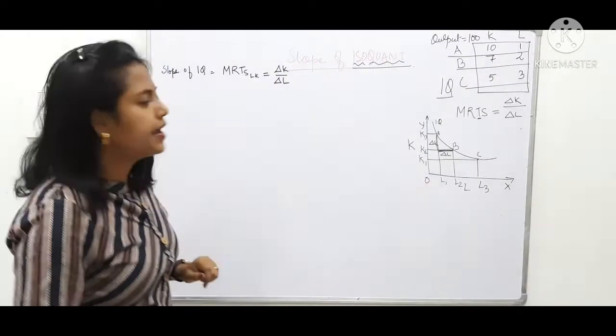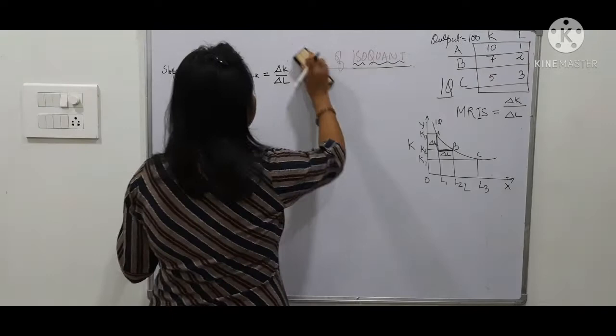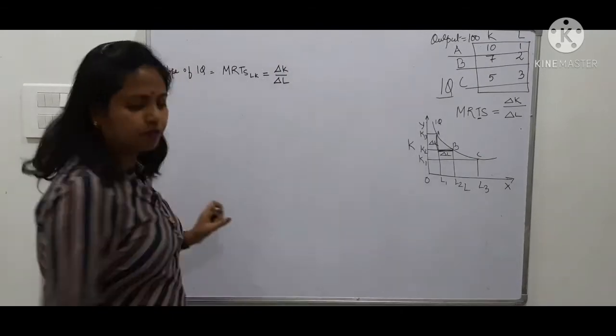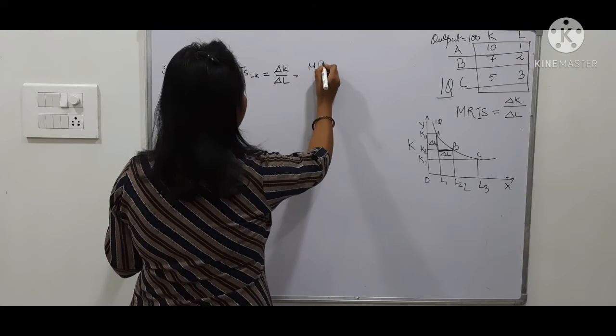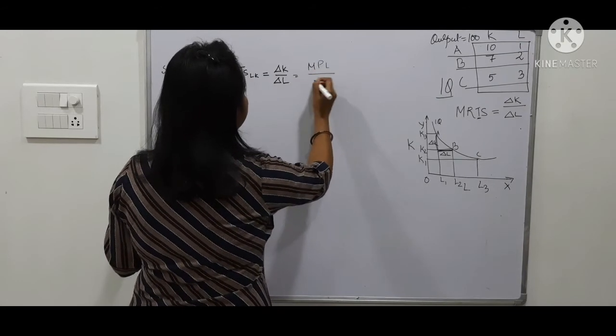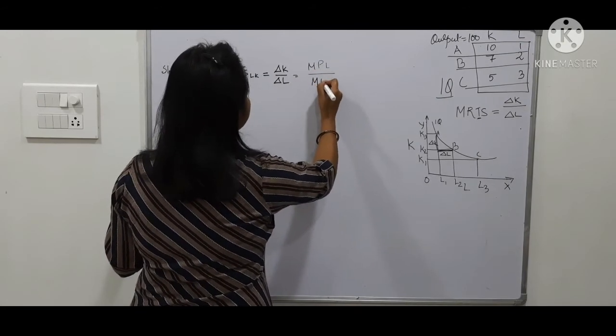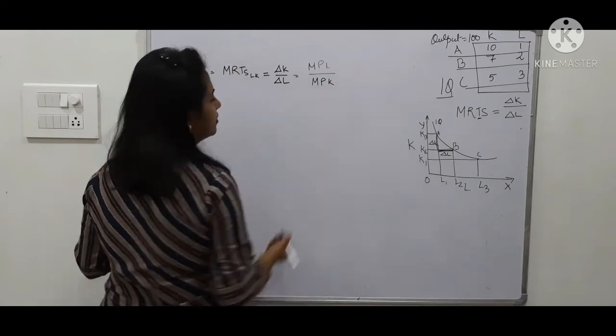Okay, and this is also equal to marginal productivity of labor divided by marginal productivity of capital.